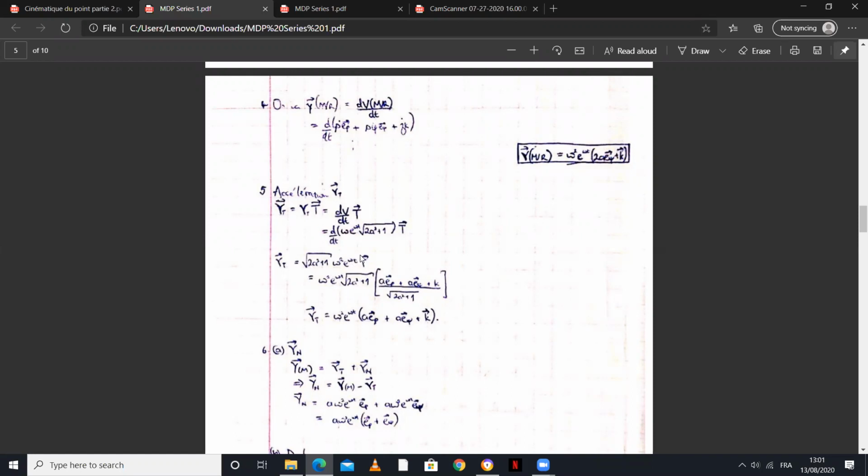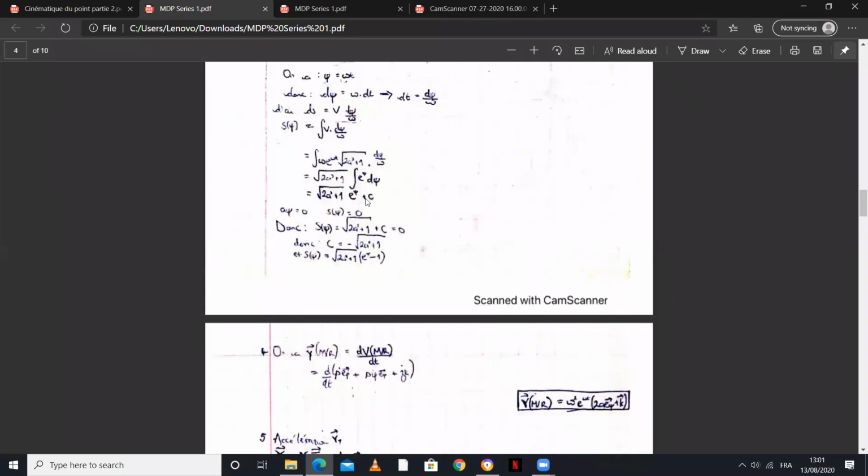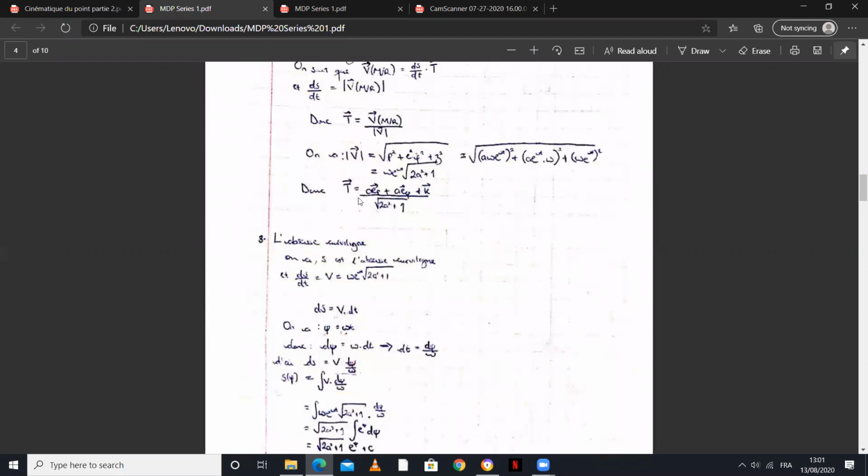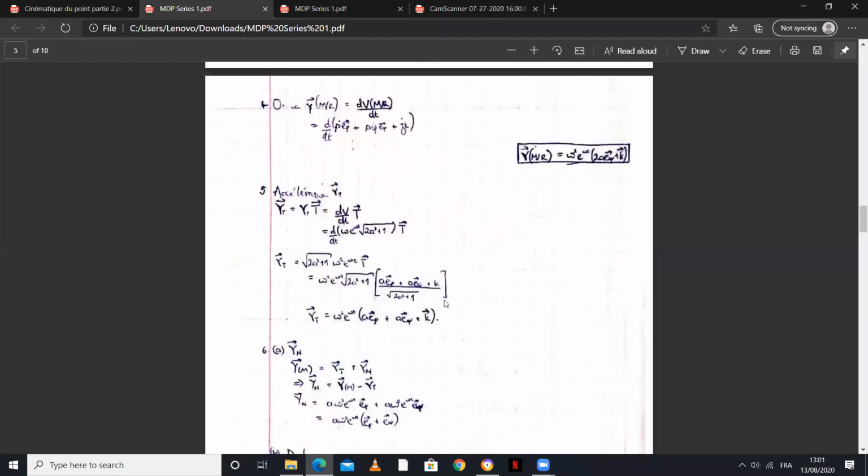We cannot leave it like this because we have the expression for t. We just calculated it; this is the vector tangential. So we're going to substitute t with its value there.